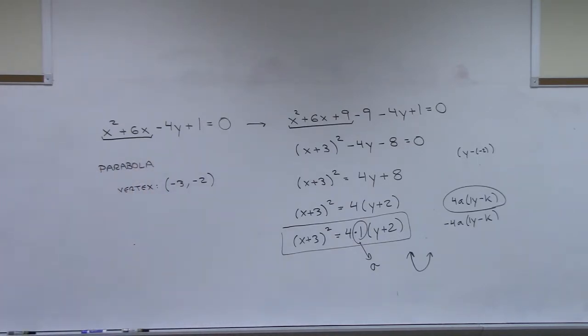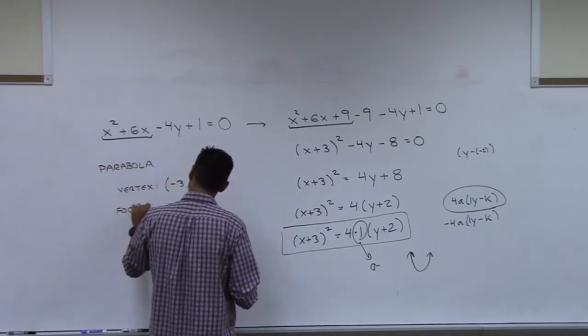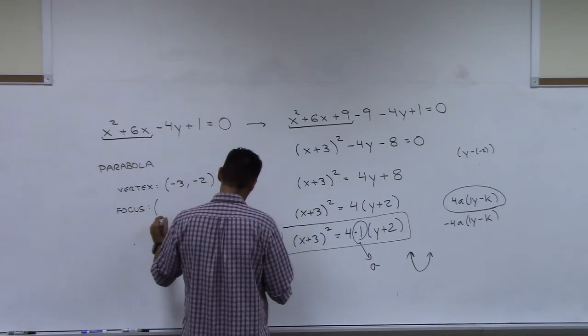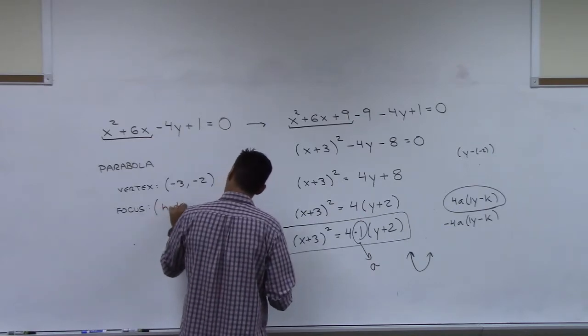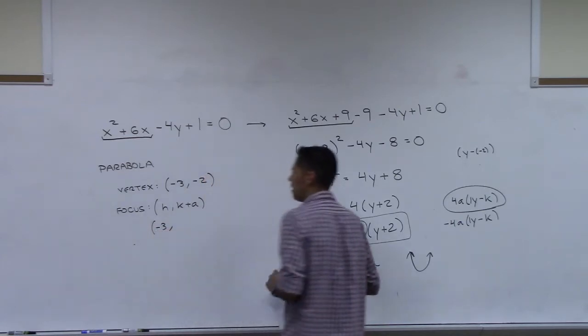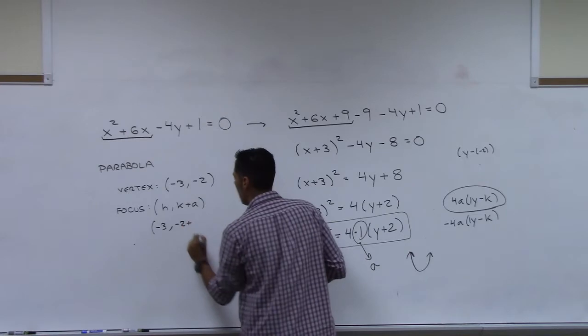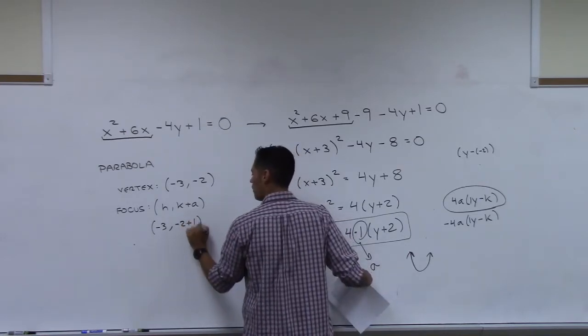Now our focus. I'll write the formula down just so you know which one I'm using here. Our focus is (h, k plus a). So that'll be -3 and then k, which is -2, plus a, and a was 1, wasn't it?